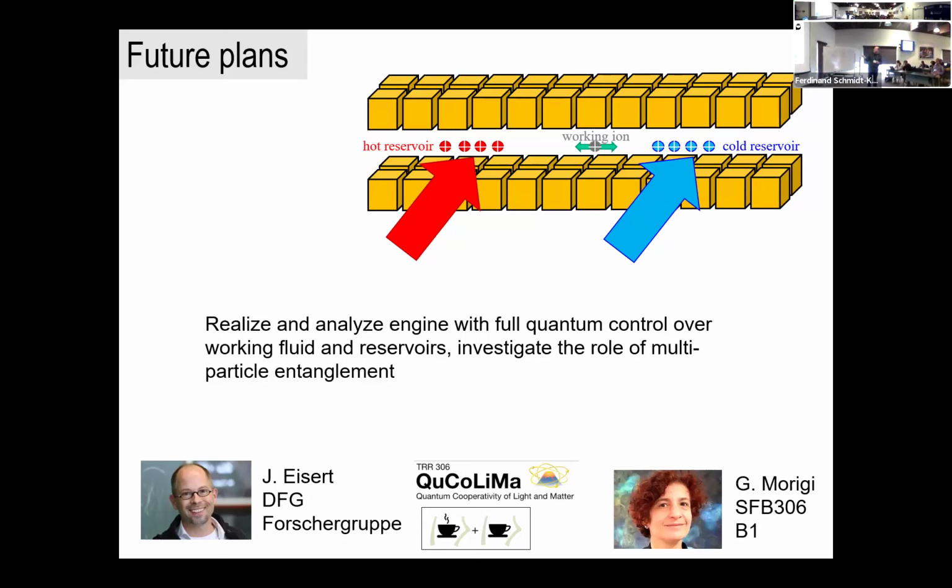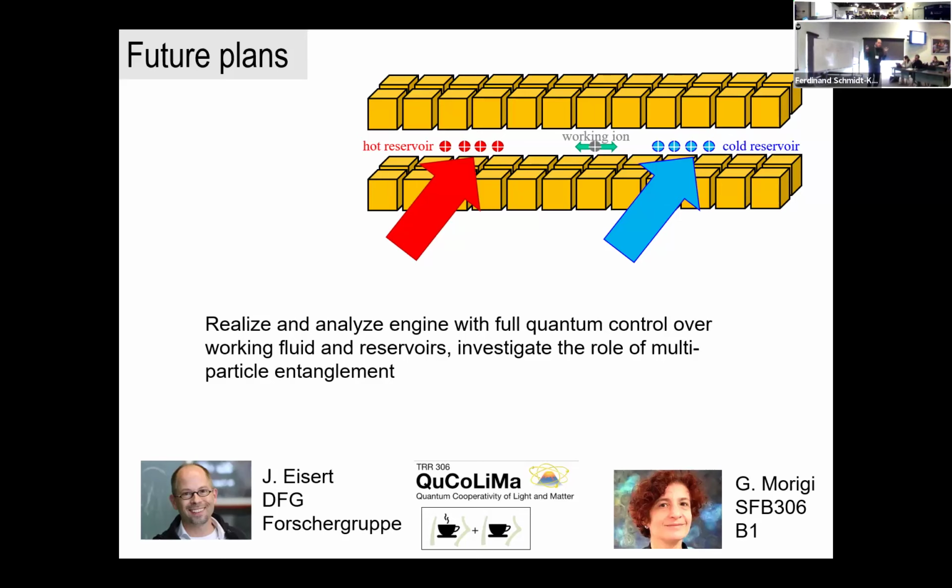Maybe you can make it easier when you have some ions which play the cold reservoir, some the hot reservoir, and you can reset them, and then you can operate a working ion which you bring close to this, make a fractional gate operation, then bring it over, make a fractional gate, and work on this spin only.